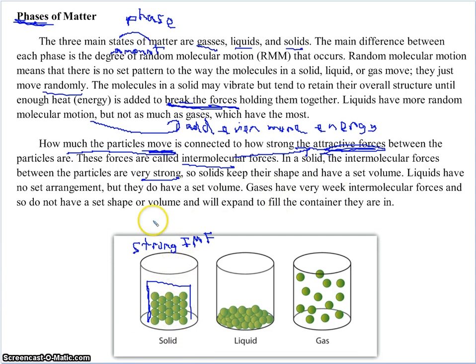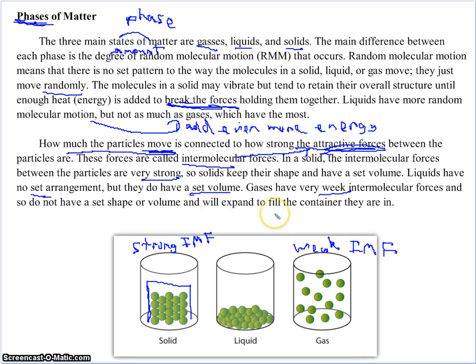Liquids have no set arrangement, so no set shape, but they do have a set volume, so it's not filling the container. Gases have very weak intermolecular forces, and so do not have a set shape or volume and will expand to fill the container. So this is weak intermolecular force, and it expands to fill the container.